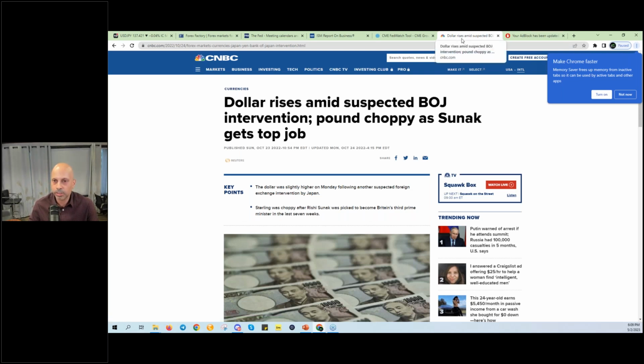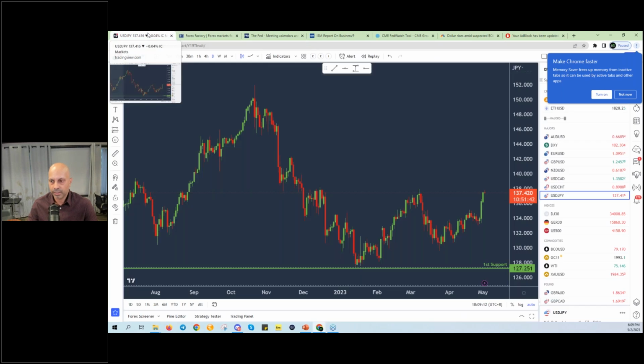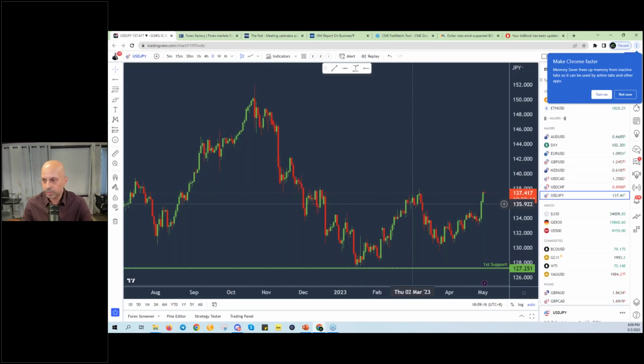Even your local news media outlet would have picked up on this piece of information, and this should signal to you that something big is happening in the currency markets, especially with the Bank of Japan. Even though they're keeping interest rates at negative 0.1%, they are now actually selling their foreign reserves and using the proceeds to buy the yen in the open market, right?